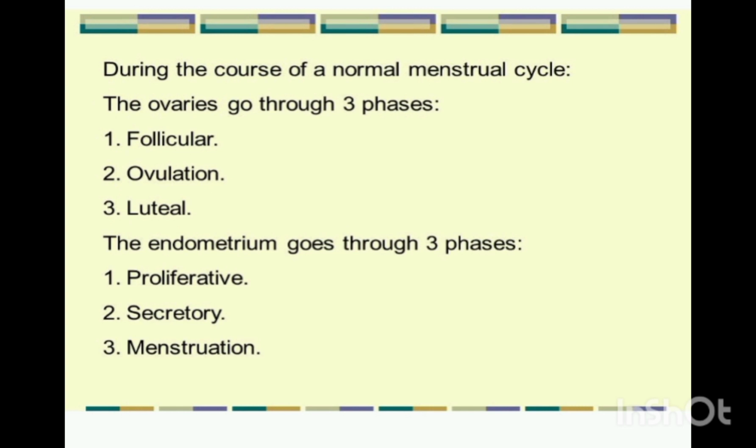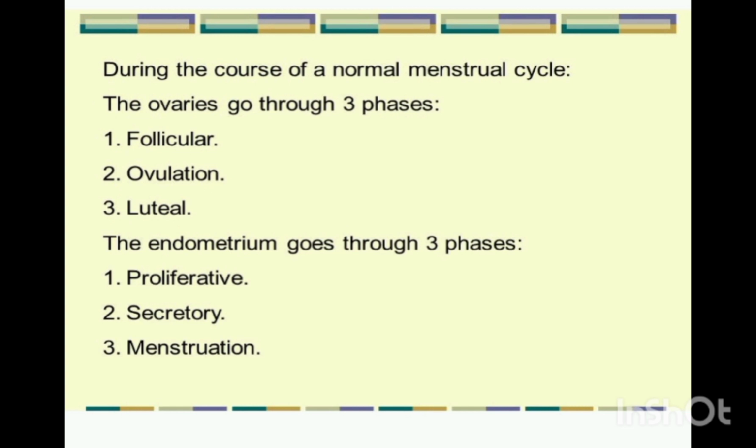During the menstrual cycle, two changes occur in the ovaries and the endometrium. The ovaries go through three phases: the first is the follicular phase, the second is ovulation, the third is the luteal phase. I will explain in detail in the coming slides.